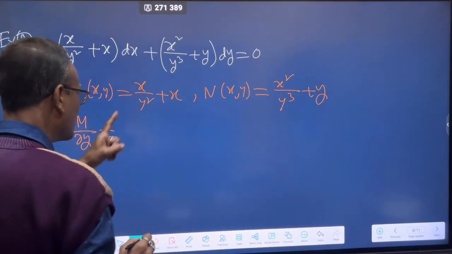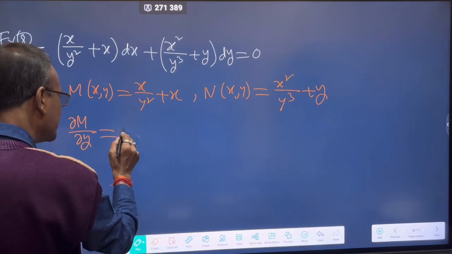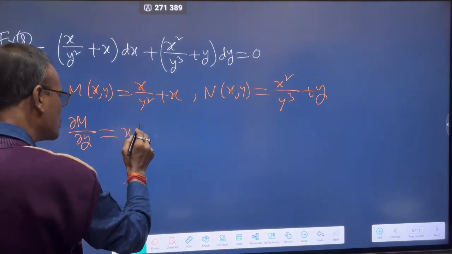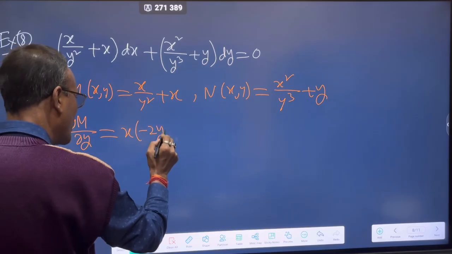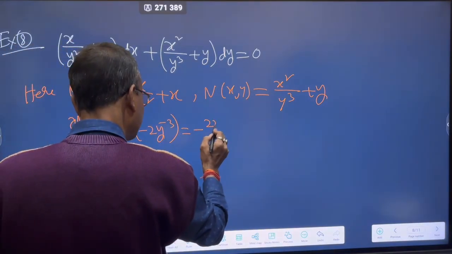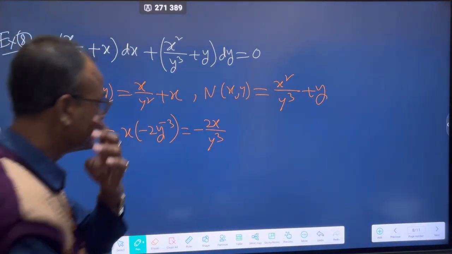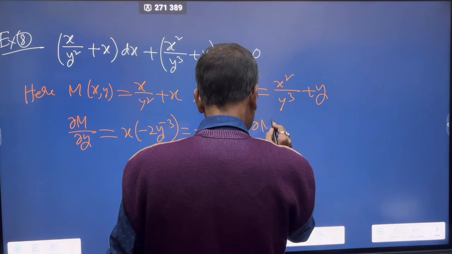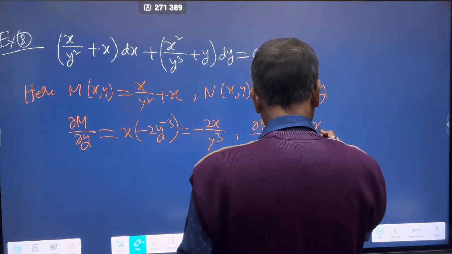Del M by del y, with respect to y, differentiate it. X is common, y to the power minus 2 means minus 2 y to the power minus 3. This is equal to minus twice x by y cube. Del M by del y is this. Del N by del x equal to twice x by y cube.